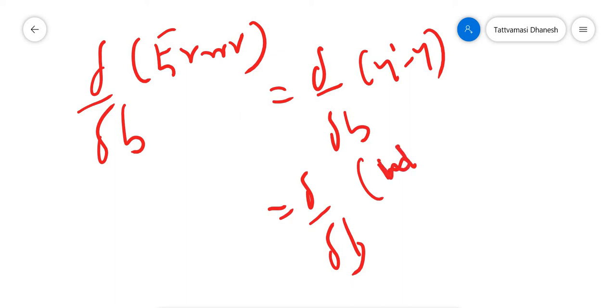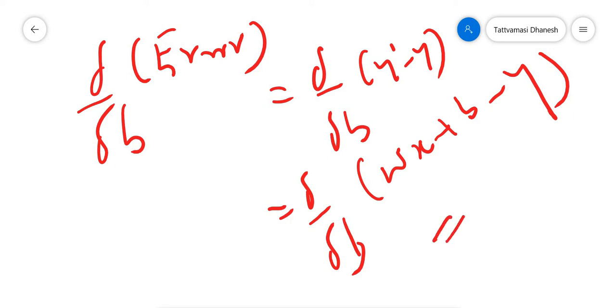Here we have taken w, so it is wx plus b minus y. Here, which is the variable? Only b. All other w, x, y, everything is constant. So b is the variable. What is the derivative of b with respect to b? It is 1. So here you will get the derivative as 1.